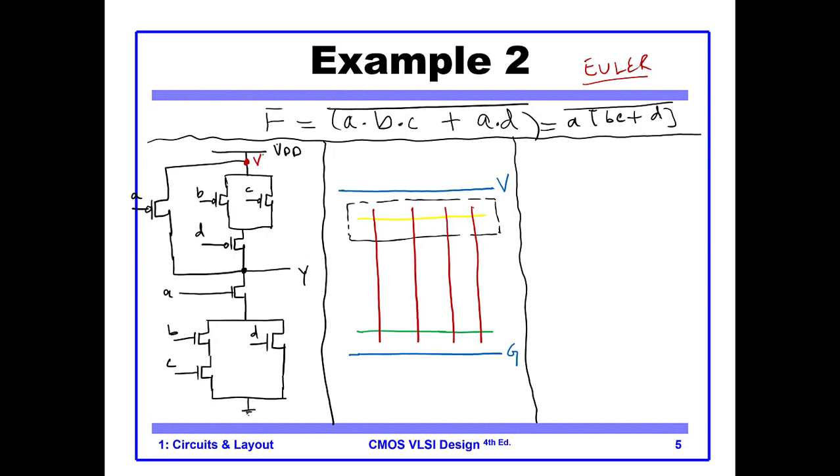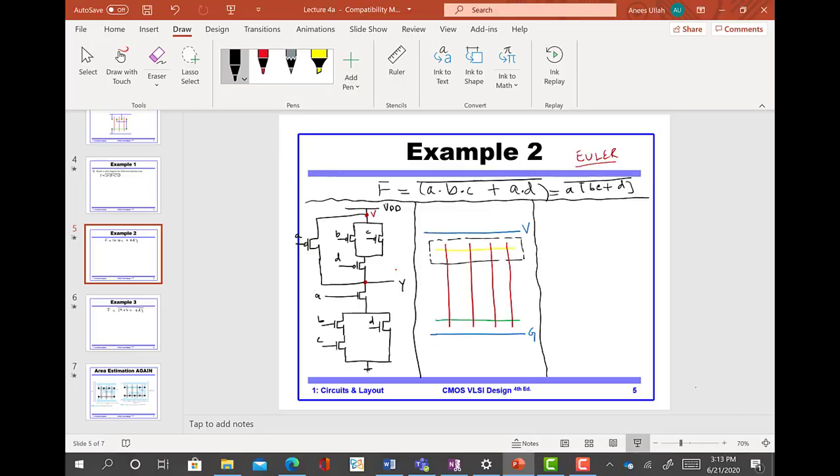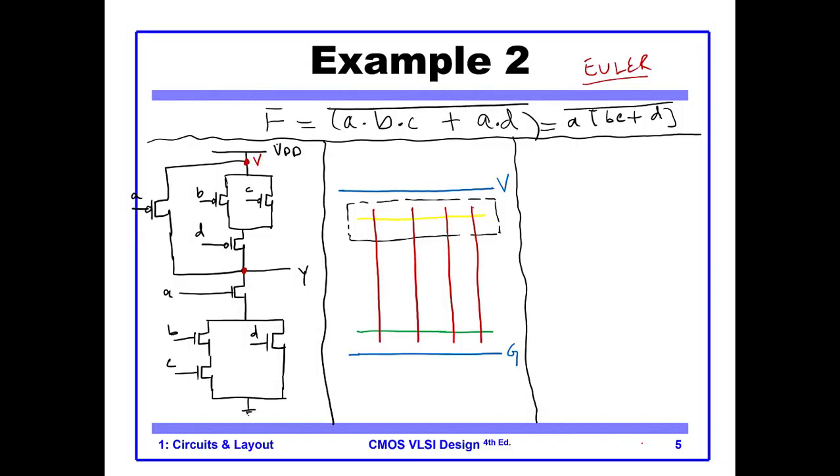So we have this node V, and then we have this other node which is Y. So this is our Y node, and this, let's call this our 1 node.